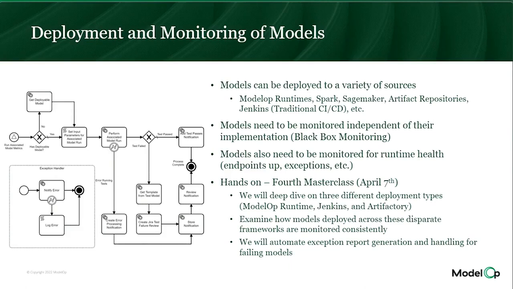And we'll use our model document service to auto-populate that information, and we'll show you how that all works together with any of these styles of deployment. So that will be quite interesting for anybody who has to maintain the health of these models.